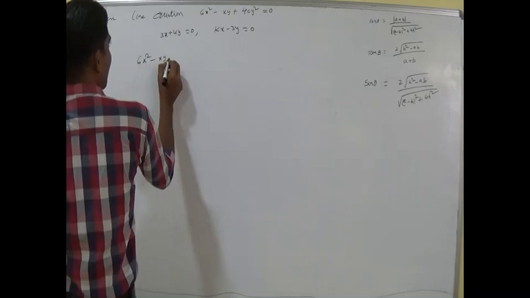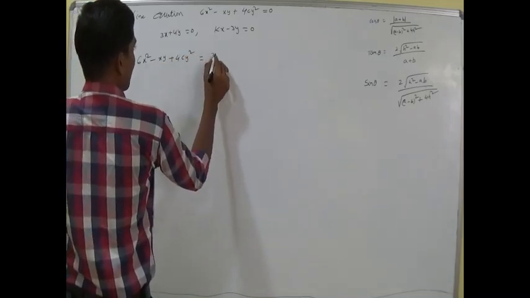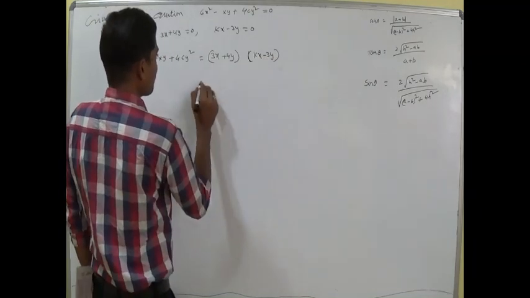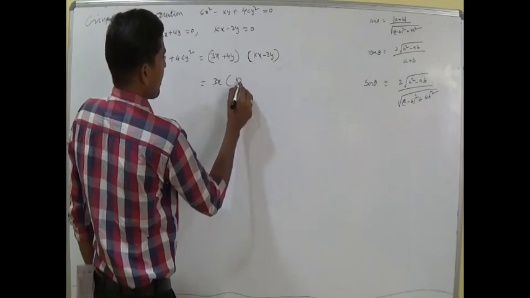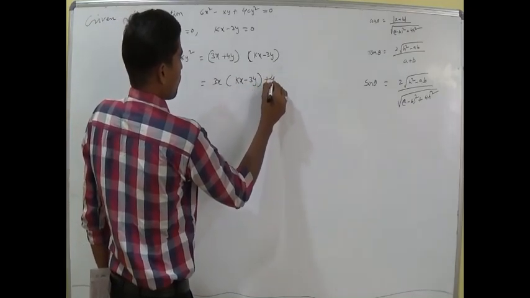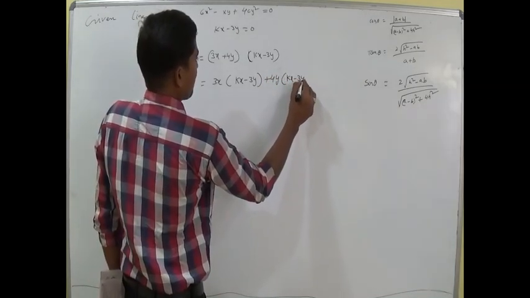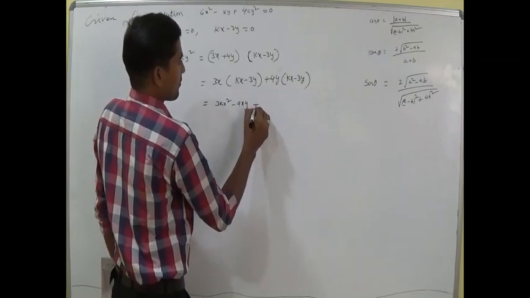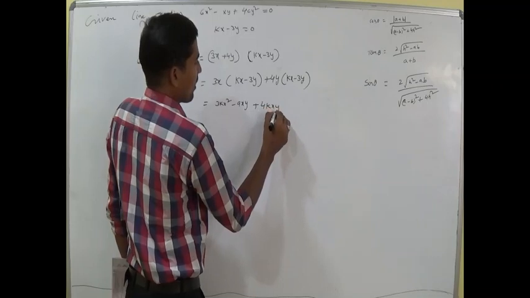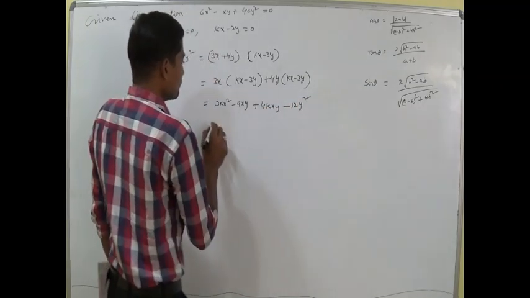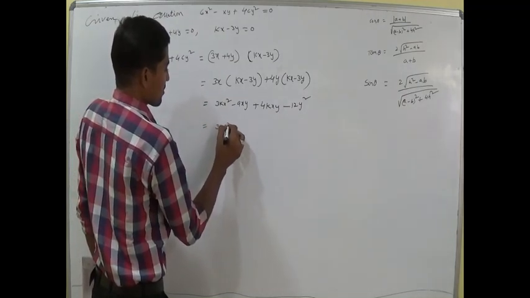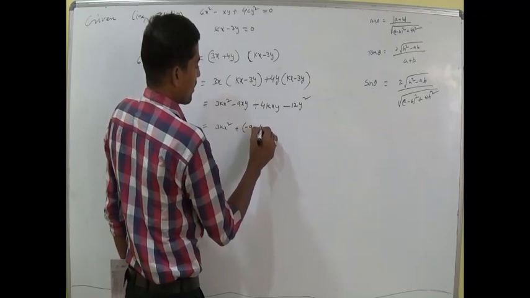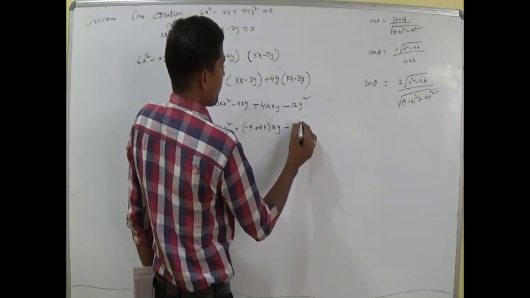So 6x square minus xy plus 4c y square equals (3x plus 4y) into (kx minus 3y), which is equal to 3x into (kx minus 3y) plus 4y into (kx minus 3y), which is 3kx square minus 9xy plus 4kxy minus 12y square, which is 3kx square plus (minus 9 plus 4k) xy minus 12y square.